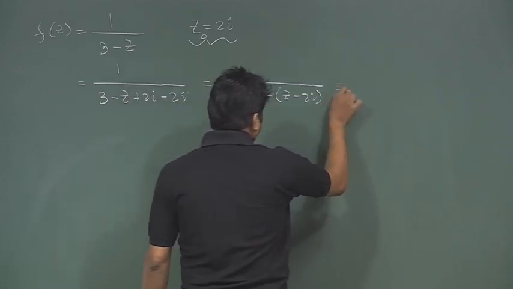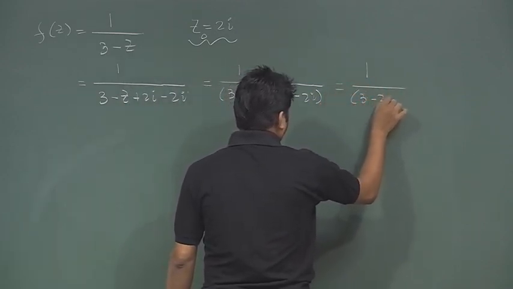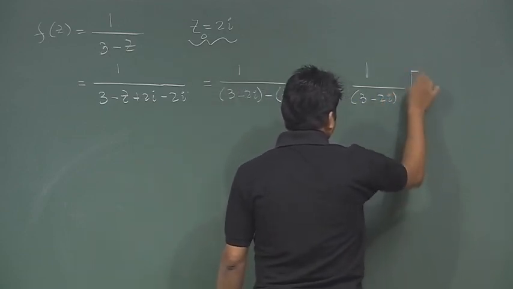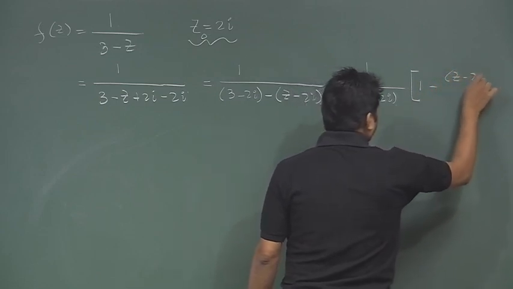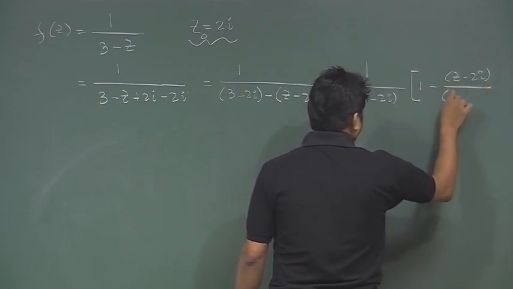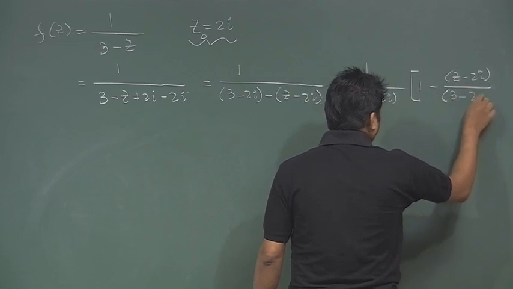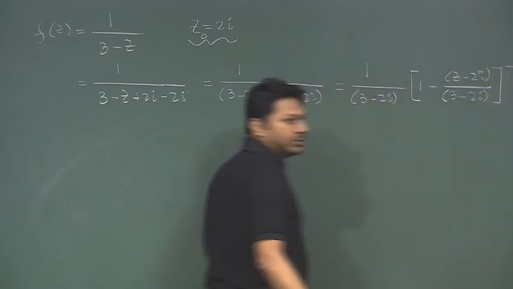Then take common 3 minus 2i, and I will have 1 minus (z minus 2i) divided by (3 minus 2i), whole to the power of minus 1.